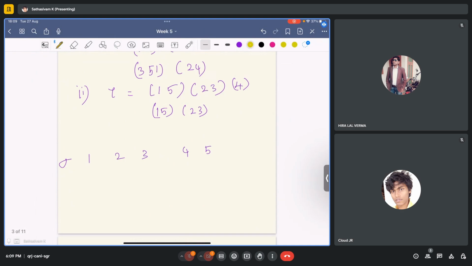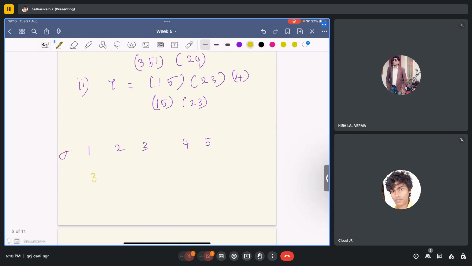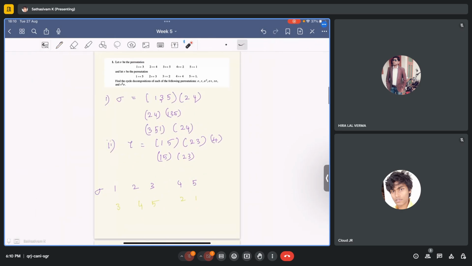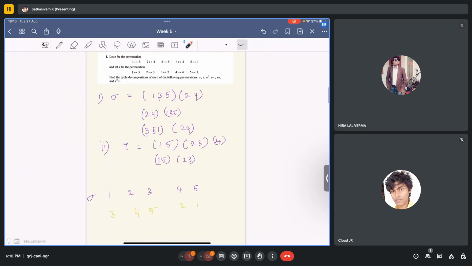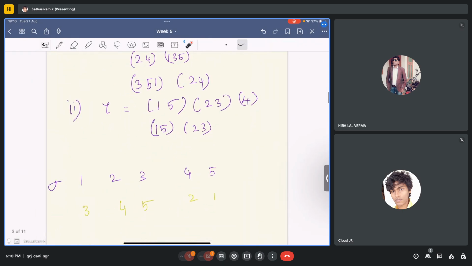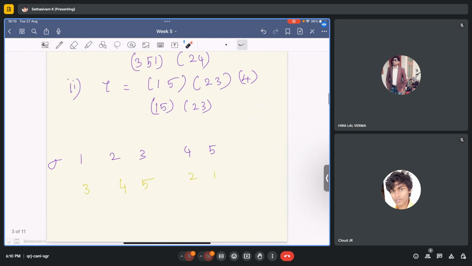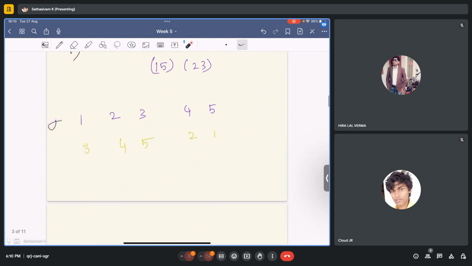Here 1 goes to 3, 2 goes to 4, 3 goes to 5, 4 goes to 2 and 5 goes to 1. So you can check here, this is the same thing. So this is the sigma.